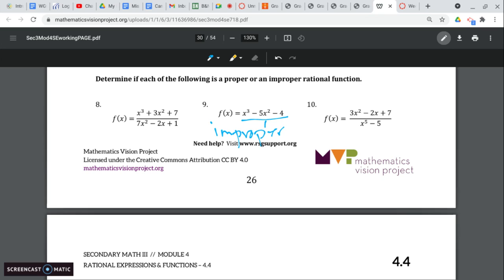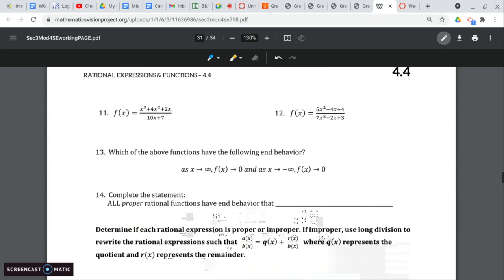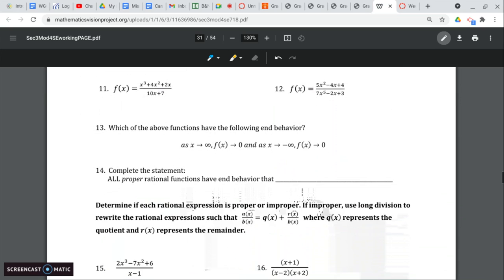In this case, we've got a degree of 3 in the numerator, only 2 in the denominator, so it's improper. Now this one, we have a degree of 2 in the numerator, but a degree of 5 in the denominator, which makes it proper. So that's what you're looking at, deciding whether it's proper or improper.